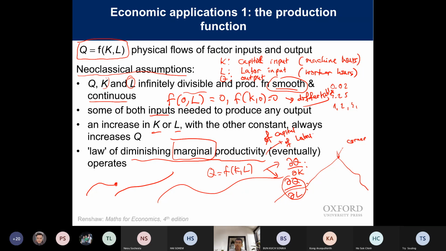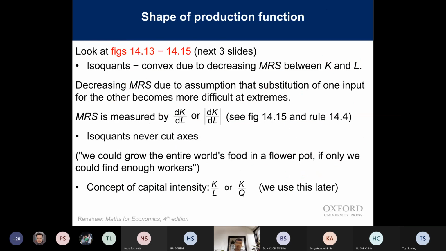So this is the key definition of marginal productivity. It's still a derivative, right? And I will explain later what is meant by diminishing marginal productivity.